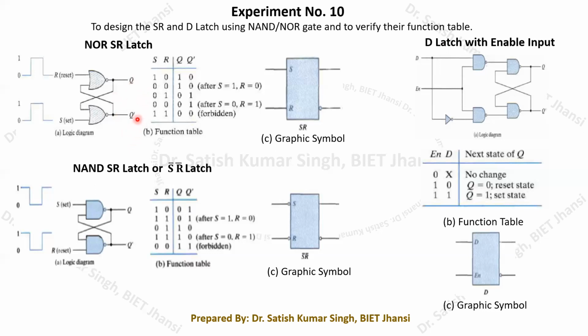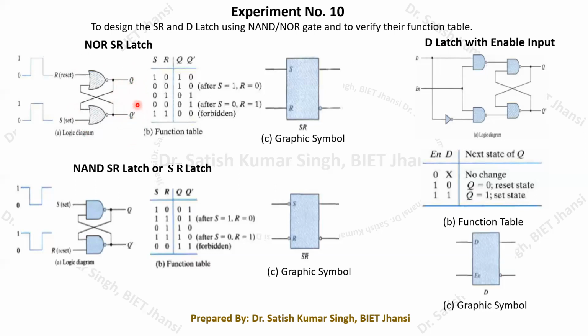When we have any latch circuit, first of all we have to identify which output we are taking as Q and which as Q bar. For example, here we have regarded this as Q and this particular output as Q bar.